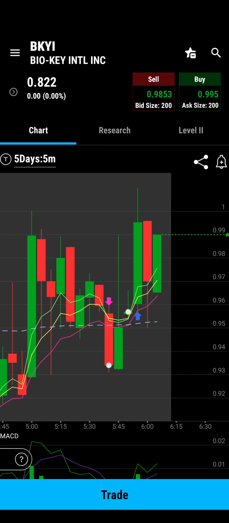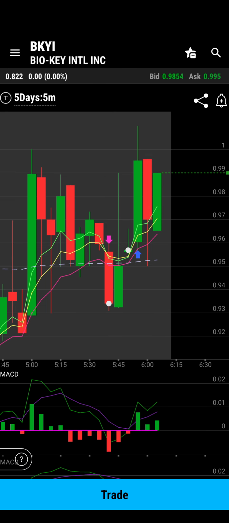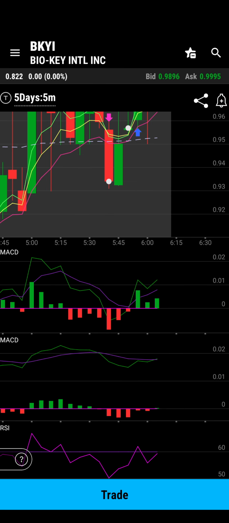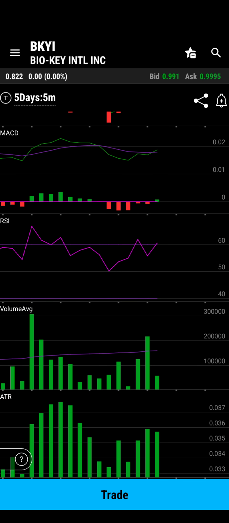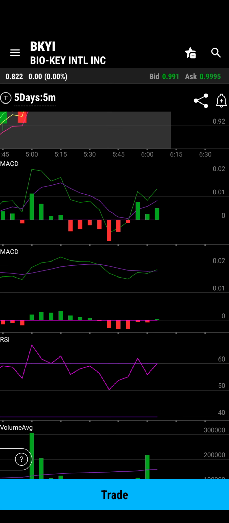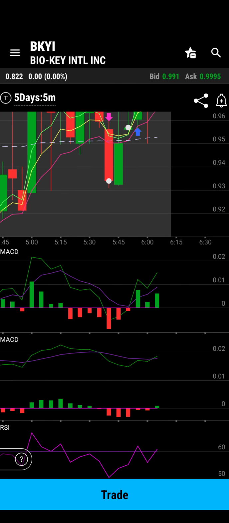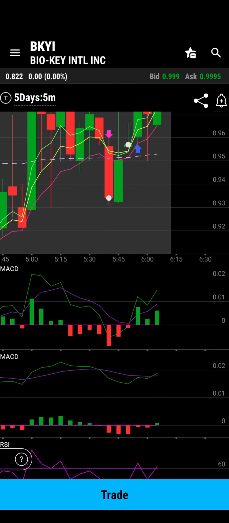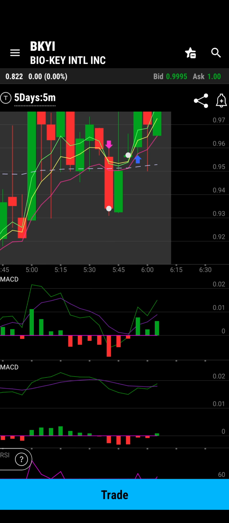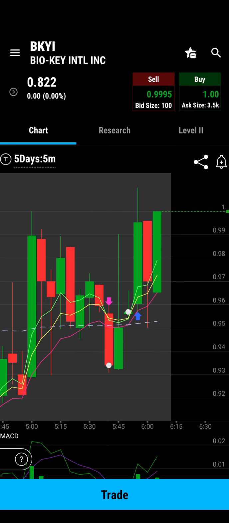So we're going to sit here and watch it closely and hope to find that happening. The RSI is showing strength. The custom MACD is showing positive. The default MACD is turning positive. Okay, here we go. We're getting close. It's currently at 99 cents. We need 2 more cents within 3 minutes.